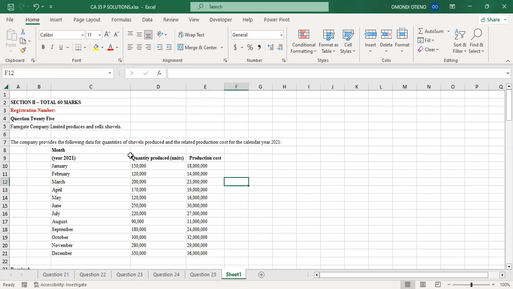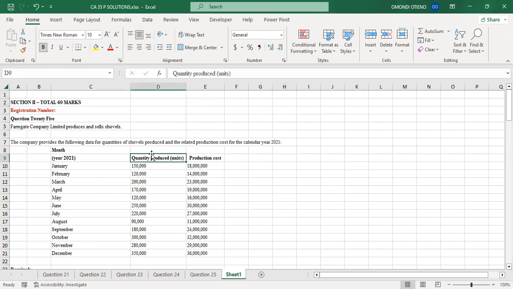So if you want to solve this question, first of all, you must identify the cost driver. Cost driver is the item that determines the total cost. What leads to changes in variable costs? So if we look at this question, we have quantity produced.